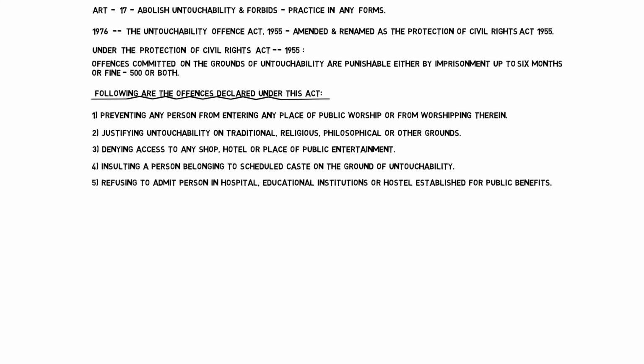If a person belonging to a scheduled caste or any color, caste or creed approaches a hospital, and if the hospital refuses to admit that person or give him medical treatment, for such an act the hospital can be booked, the doctor can be booked under the Protection of Civil Rights Act 1955 for denying admission to a person in a hospital. The same applies to educational institutions as well as hostels which are established for public benefit. So this is the fifth offense, refusing to admit a person in a hospital, educational institution and hostel.